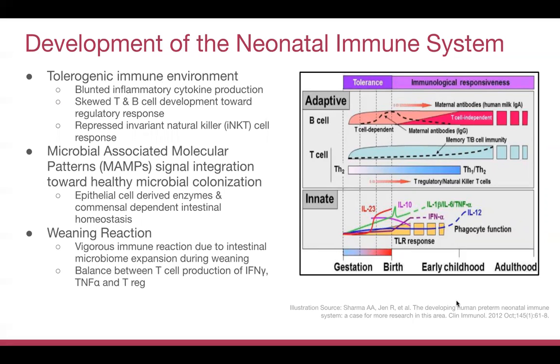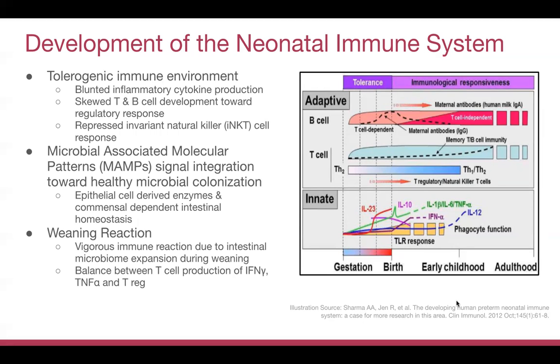So as an example, early exposure of the host to commensals results in the repression of cells that actually induce inflammatory responses, like invariant natural killer cells. These are called iNKT cells. While these shifts allow for the microbiota establishment without the generation of overt inflammation, they also place the neonate at a higher risk for infection during this period of time.